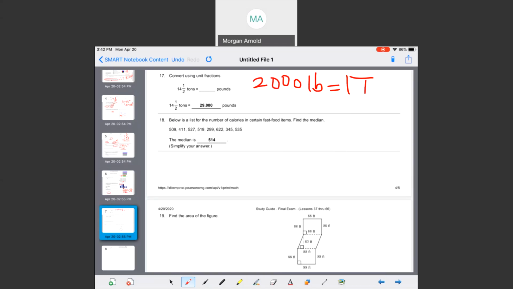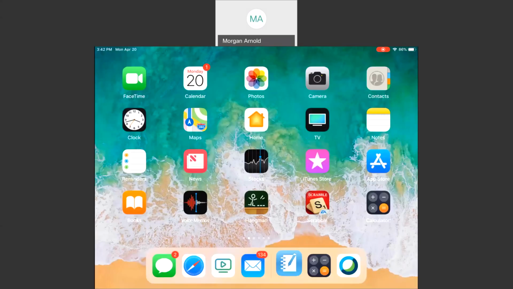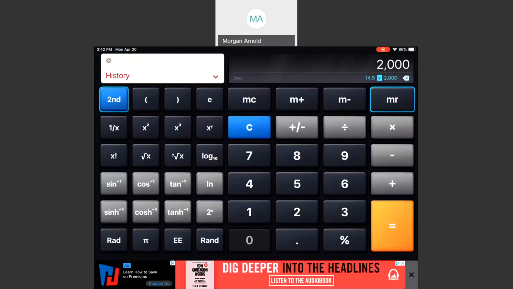Now, to make it easier on you, change the 14 and a half to 14.5. And we get our answer, 29,000 pounds.